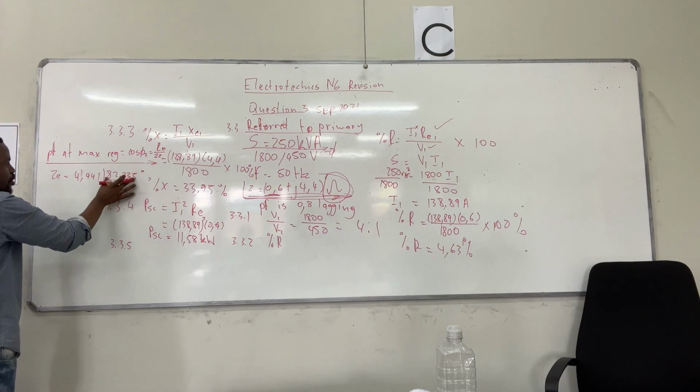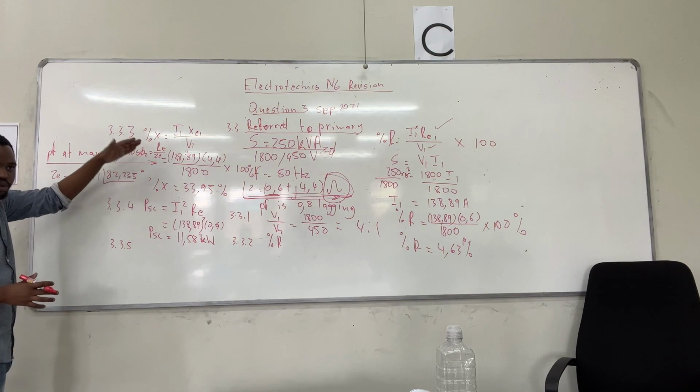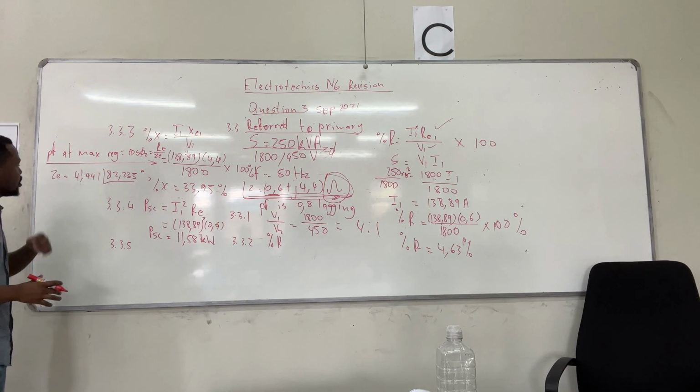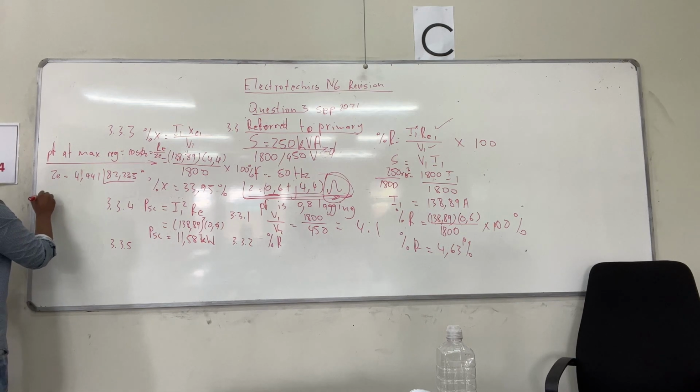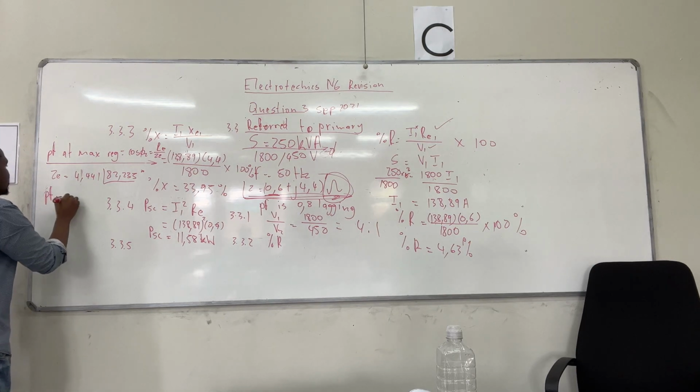We don't worry about the angle, because the power factor is a ratio and has no unit. So the power factor is R_E over Z_E, 0.6 over 4.441.